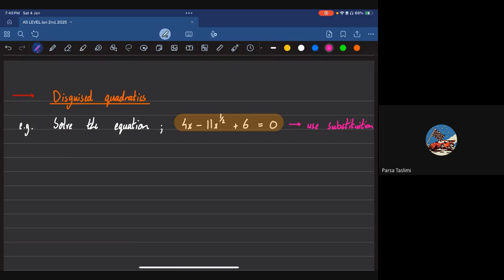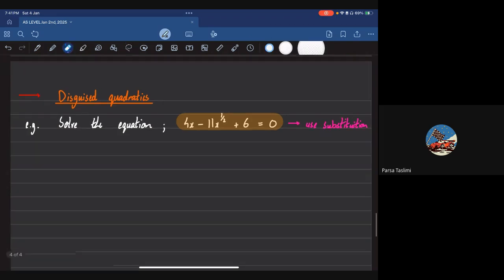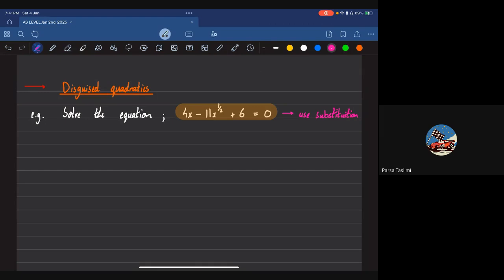All right. So whenever you face a question like this, which is not explicitly quadratic, where the question has a hidden meaning to it, you're going to use substitution. Now, how will you use substitution? Let's see. I have the equation 4x minus 11x raised to the power 1 over 2 plus 6 equal to 0.